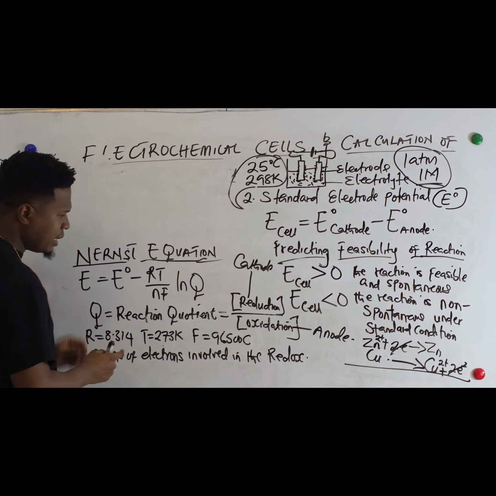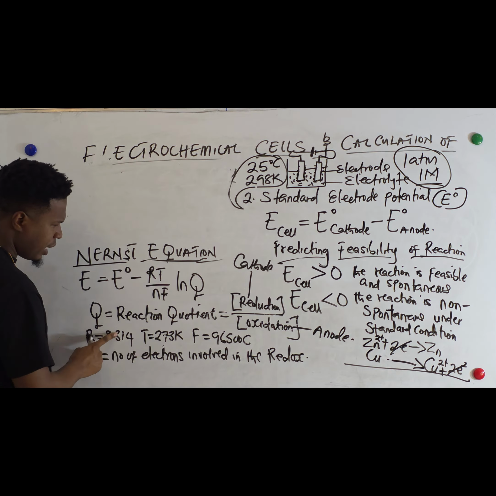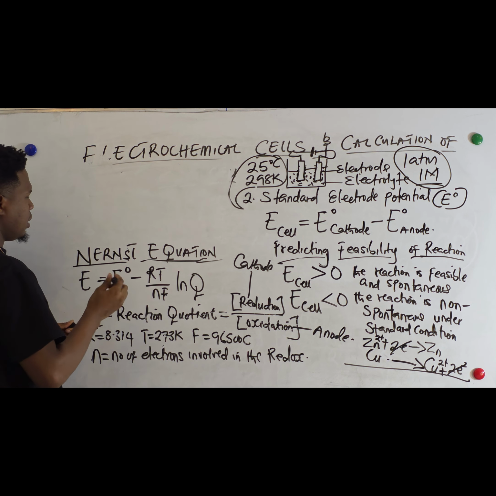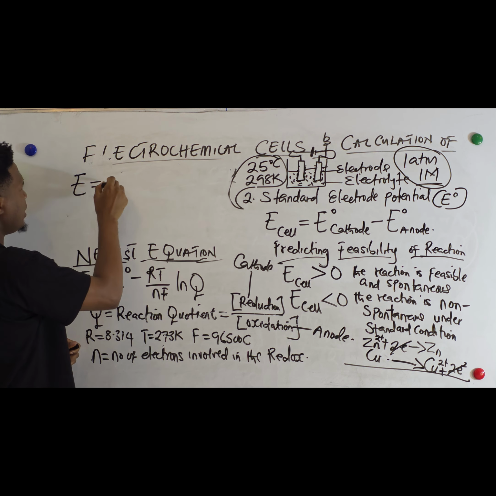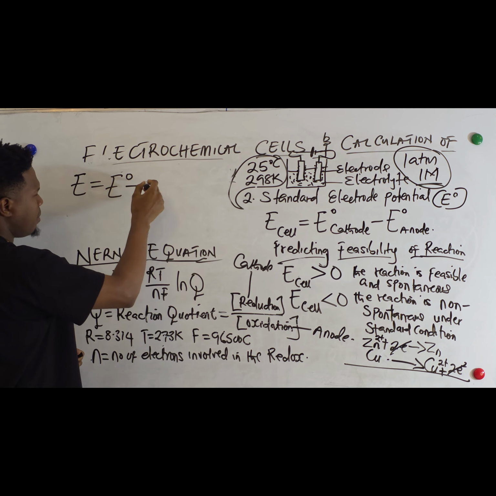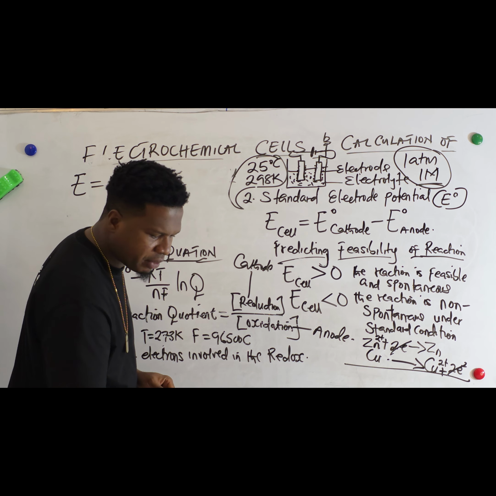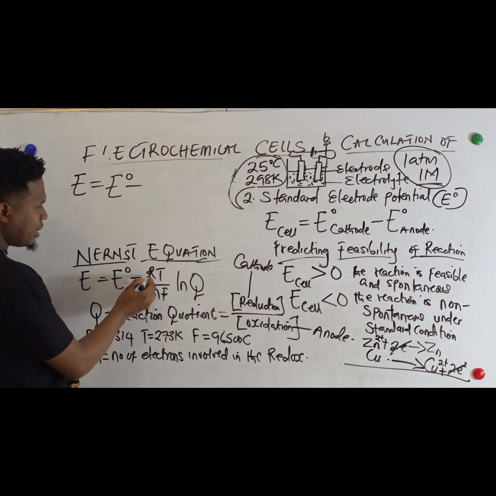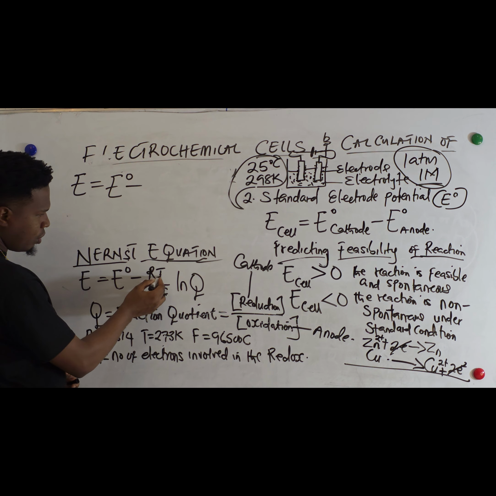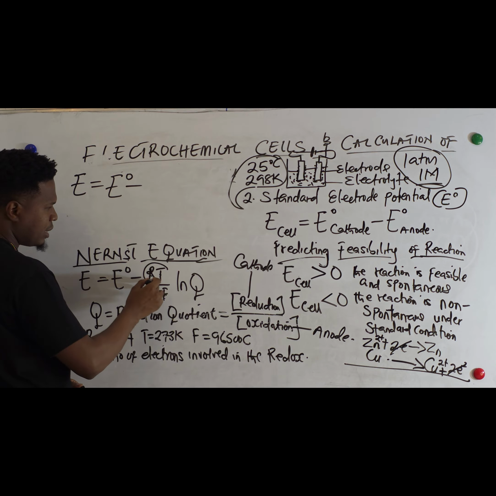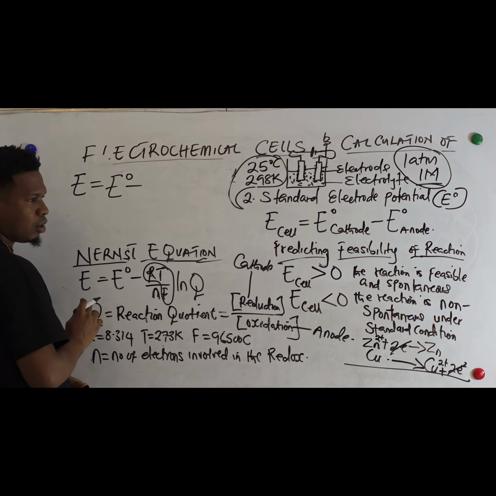So E is equal to E naught minus 0.0591 over n, ln Q. The n cannot be plugged in because it can vary depending on the redox reaction, but these three values are constant throughout the process.